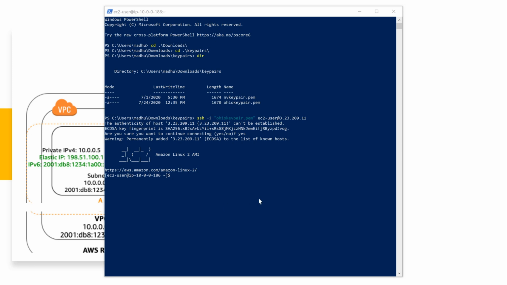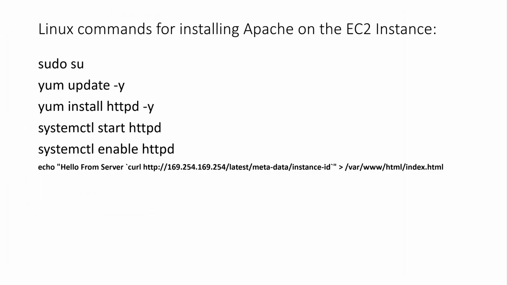Next, we'll install Apache on the EC2 instance. These are the commands to install Apache on the EC2 instance and also verify.